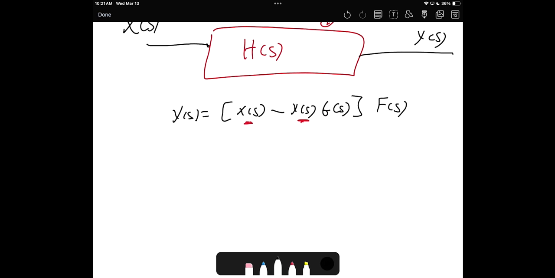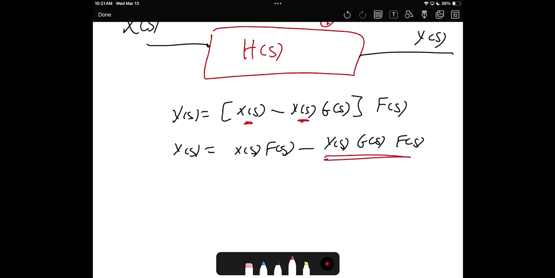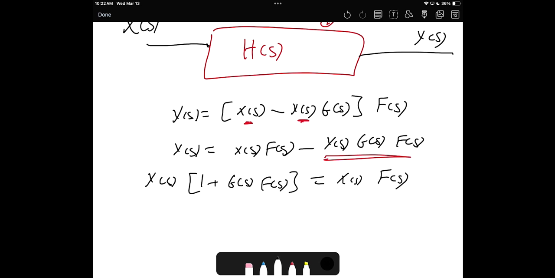So then let's do the product. So it will be here y of s equals x of s times f of s minus y of s, g of s, f of s. Move this to the other side, then take y of s as a factor. It will be y of s times 1 plus g of s, f of s equals x of s, f of s. Okay? Does this make sense?